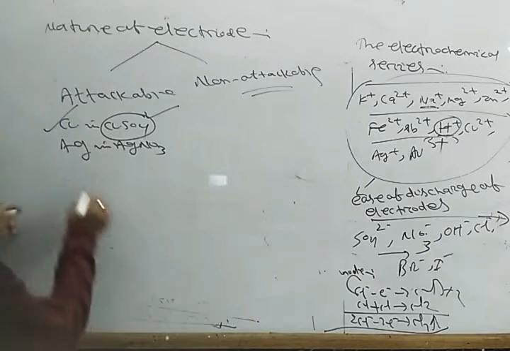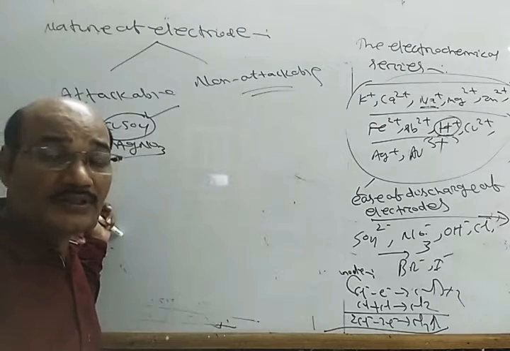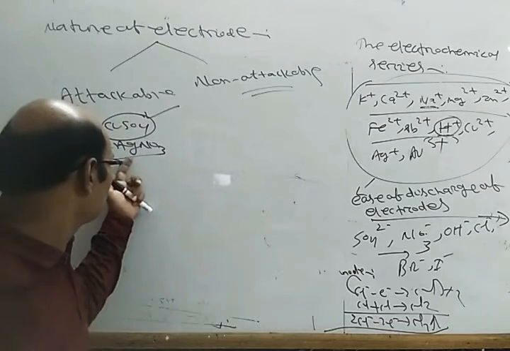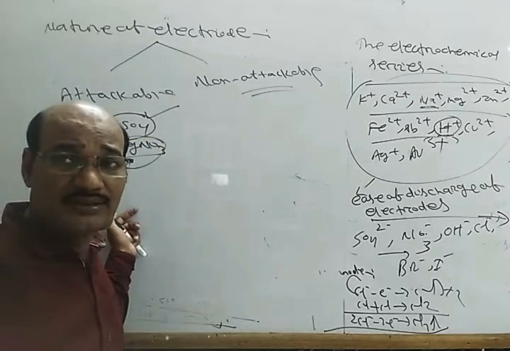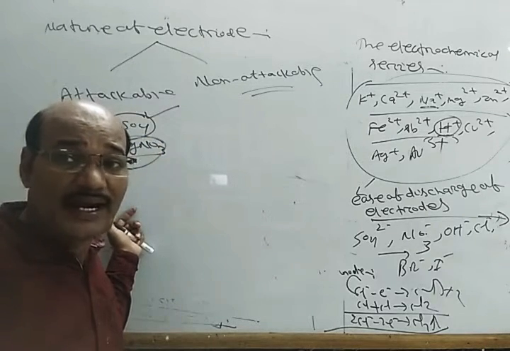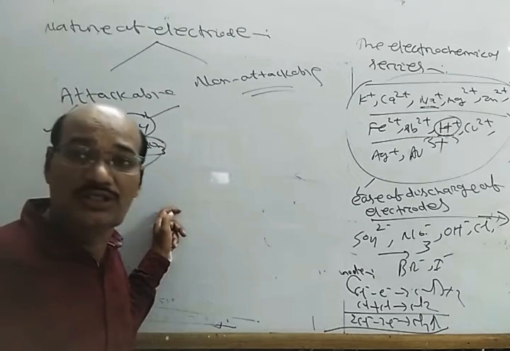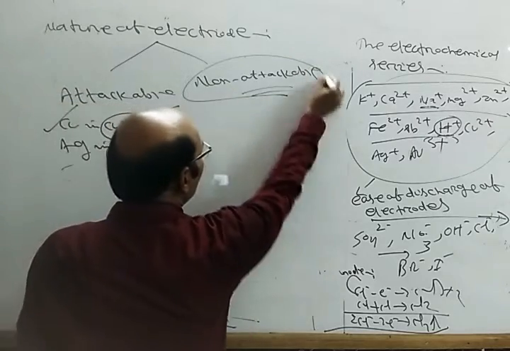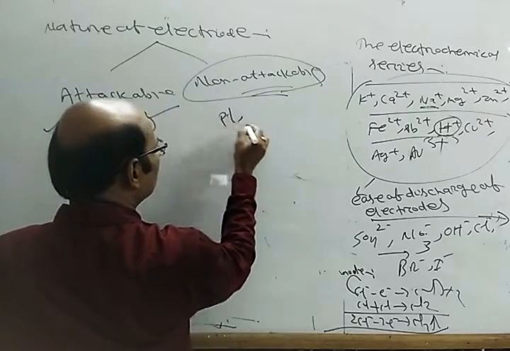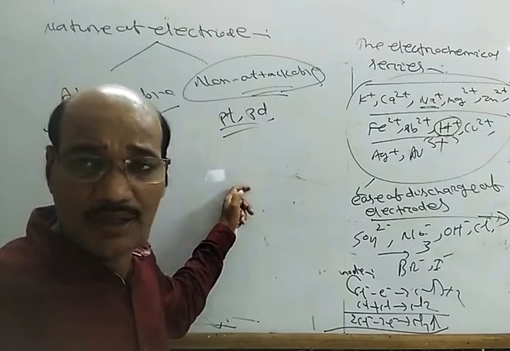Similarly, if I have Ag in AgNO3, we have Ag+ and NO3-. The NO3- ion will not migrate towards the anode. The Ag anode will undergo oxidation into Ag+. That is called an attackable anode. And for non-attackable, you can have platinum and palladium, Pd. So these are non-attackable anodes.